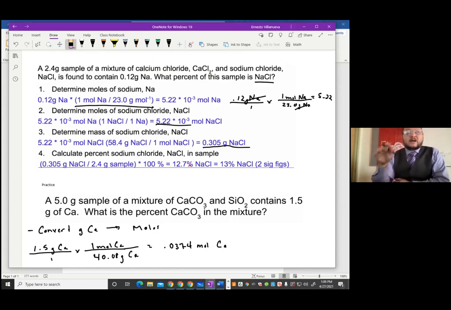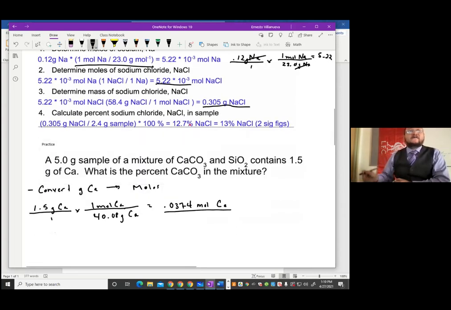All I did was convert from grams to moles. I'm going to scroll down a little bit. Now I have to figure out how much calcium there is in calcium carbonate.